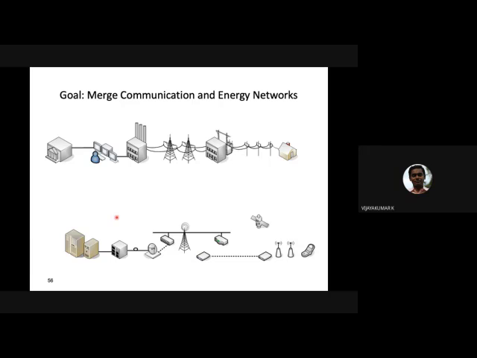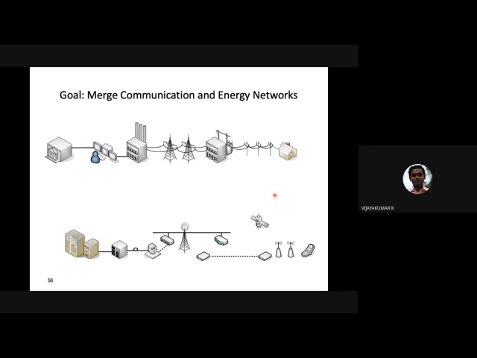So in this picture we can clearly understand that in earlier cases we can see generation, transmission, distribution, and there is no communication here. But nowadays we have communication at each side. On the generation side we have communication, and on the utility side we have communication.